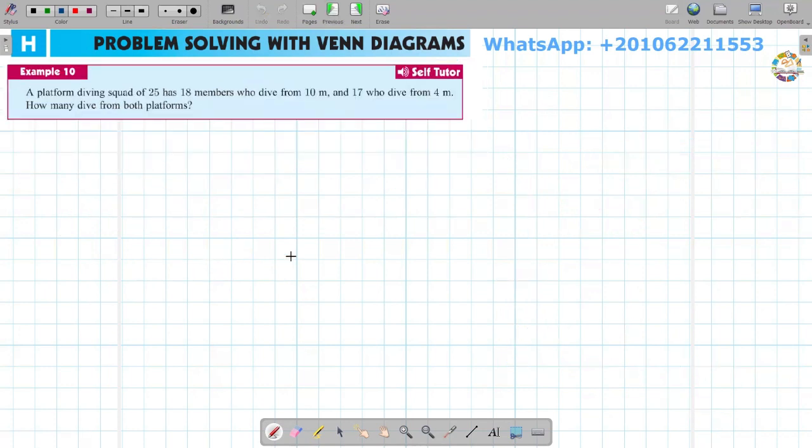What about this question? He said a platform diving squad of 25 has 18 members who dive from 10 meters and 17 who dive from 4 meters. Overall we have 25, so the universal set has 25 members.